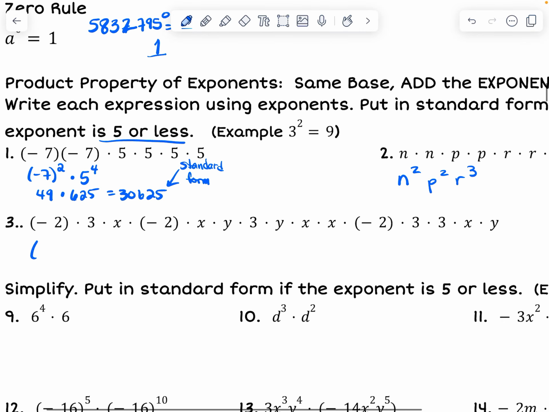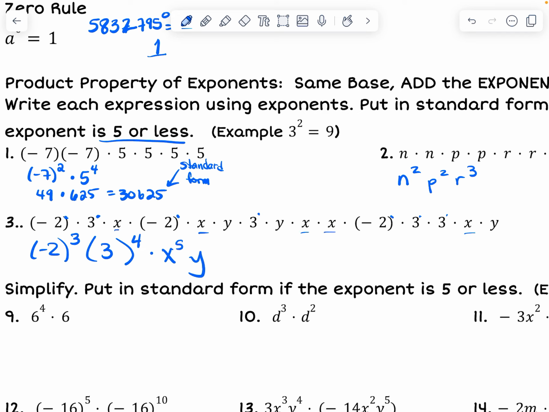So I'm going to start with negative 2. How many negative 2's do I have? I have 1 here, 2, and 3. So I have 3 negative 2's. How many 3's do I have? I have 1, 2, 3, 4. And then how many x's do I have? I have 1, 2, 3, 4, 5.